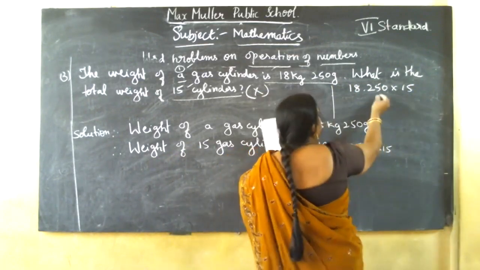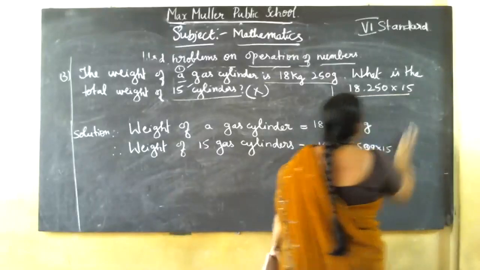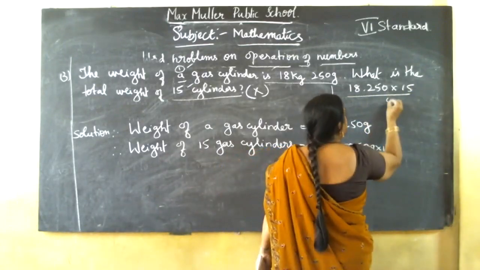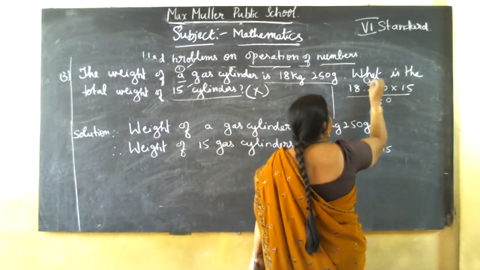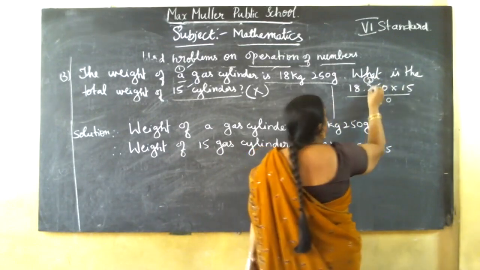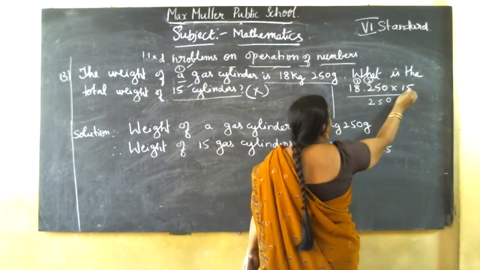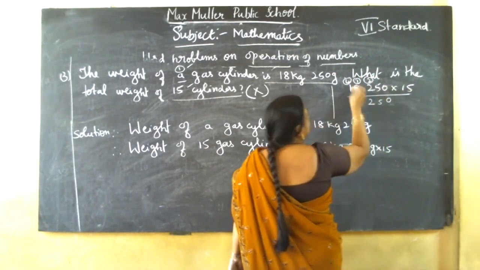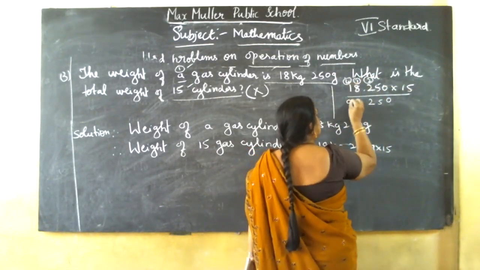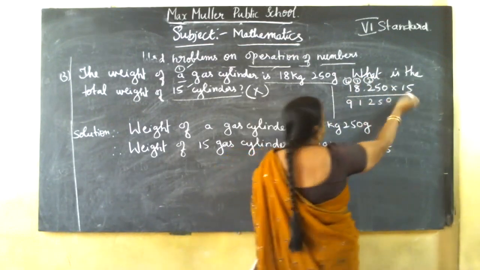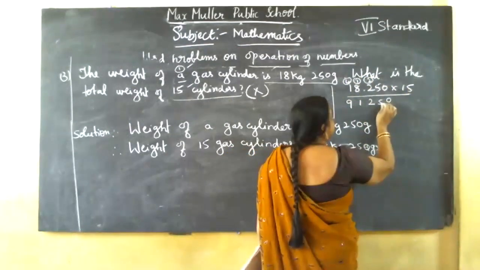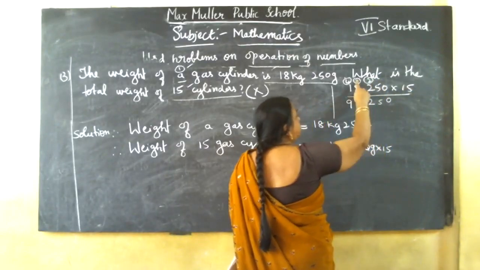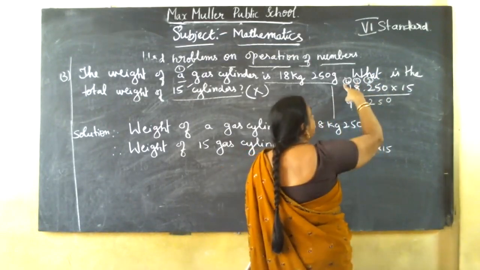I already taught you multiplication; you can multiply vertically or horizontally. 5 zeros are 0, 5 fives are 25, 2 carry, 5 twos are 10, 11, 12, 2, 1 carry, 5 eights are 40, 40 plus 1 is 41, 4 carry, 5 ones are 5, 5 plus 4 is 9. We'll check once again: 5 zeros are 0, 5 fives are 25, 5 twos are 10, 11, 12, 5 eights are 40, 41, 5 ones are 5, 5 plus 4 is 9.